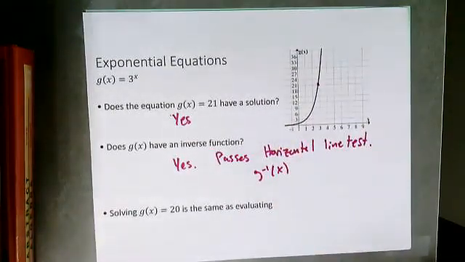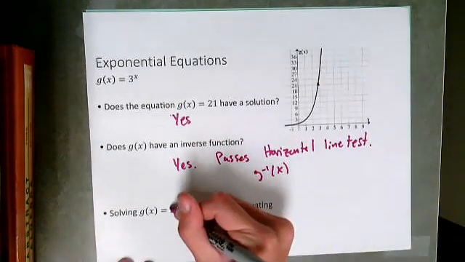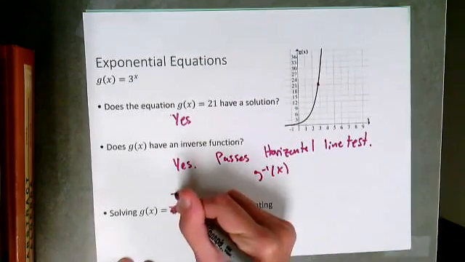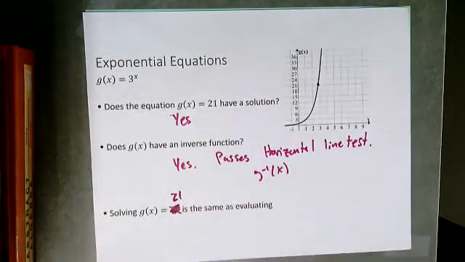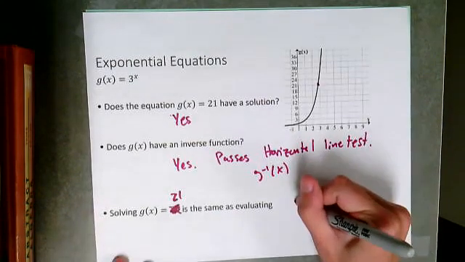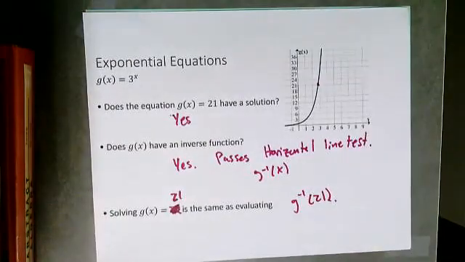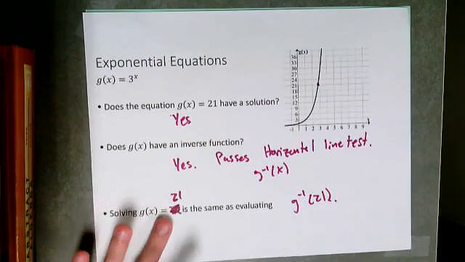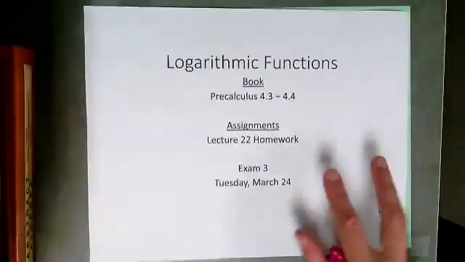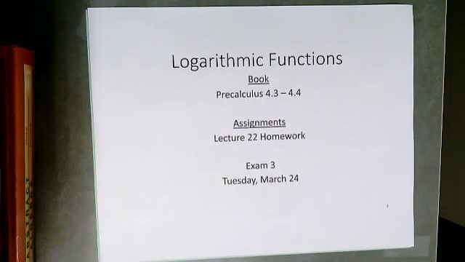That function exists. So solving g of x is equal to 21 is the same thing as evaluating g inverse of 21. Okay? So what we're going to be doing is working with the inverses of exponentials, and they are logarithms, logarithmic functions.